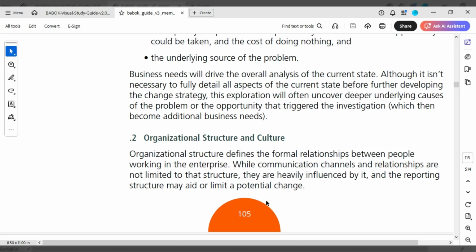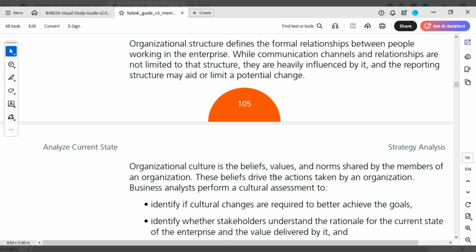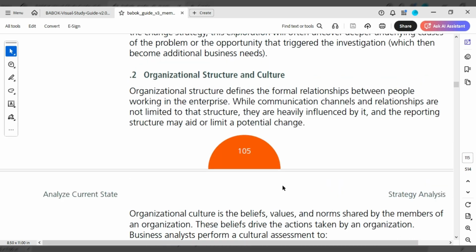Business needs will drive the overall analysis of the current state, although it isn't necessary to fully detail all aspects of the current state before further developing the change strategy. This exploration would often uncover deeper underlying causes of the problem or the opportunity that triggered the investigation, which then becomes additional business needs.